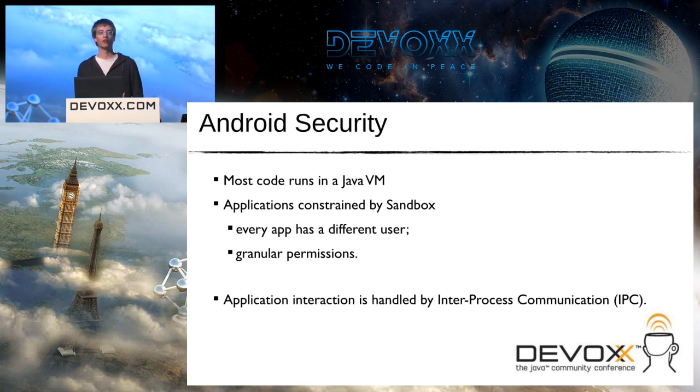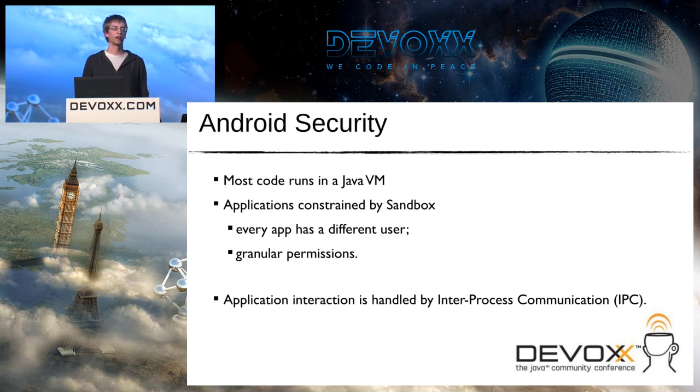And when it runs your code, it constrains it within a sandbox. Every app runs as a different user on the device, and those users have very granular permissions, both in terms of their access to the file system and access to other applications and system services. And the guys at Google have thought this through, and it does work very well.